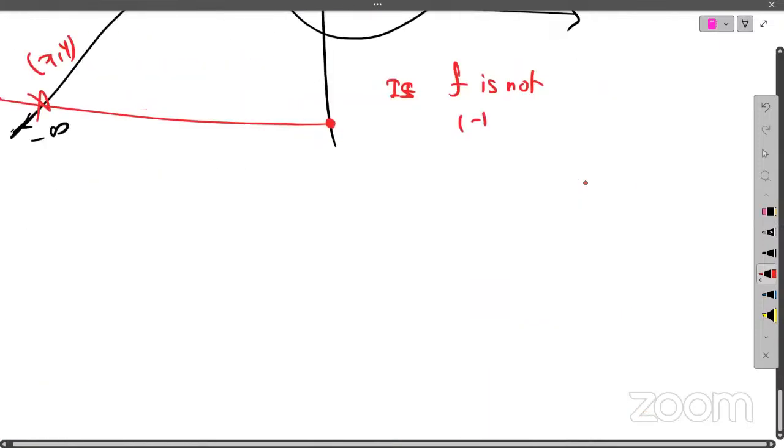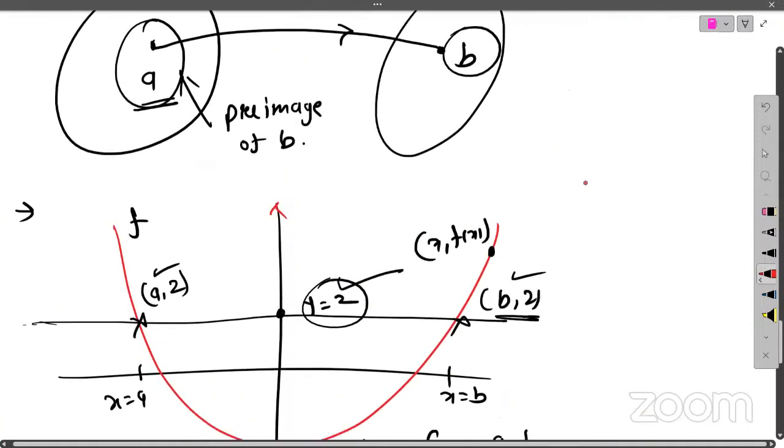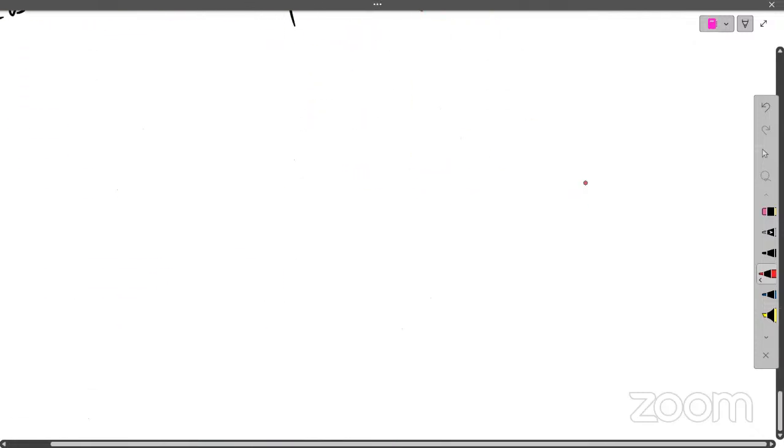Now I'll take one more example about this, but before that, let's try to understand some graph rules. If you have a graph of a function f, how can you draw the graph of other functions, such as its inverse, its modulus function, and some adjustments?